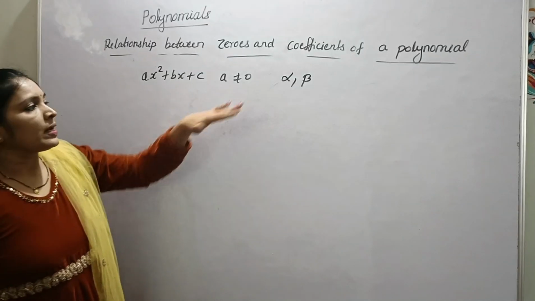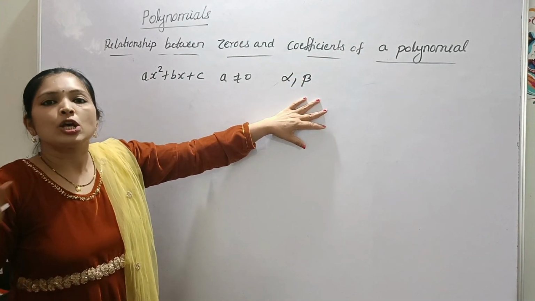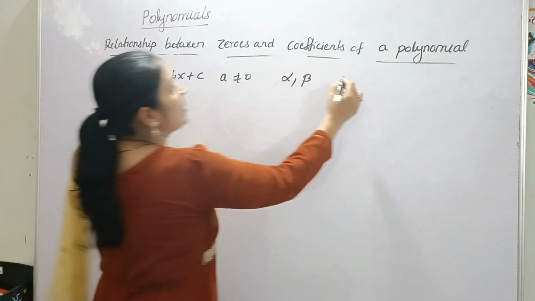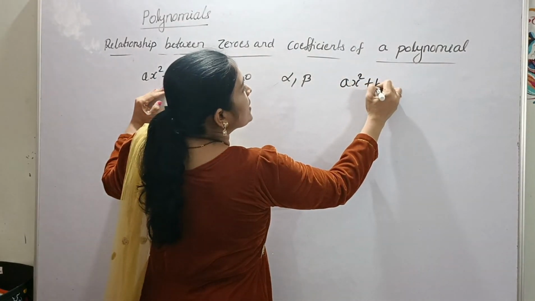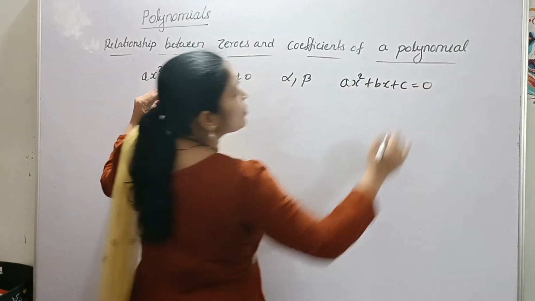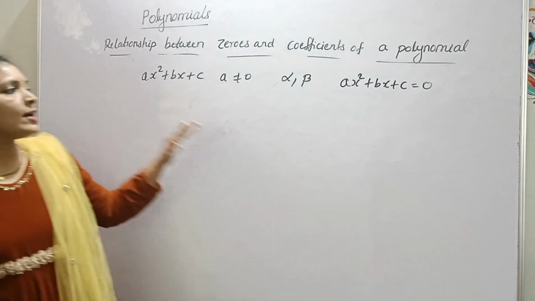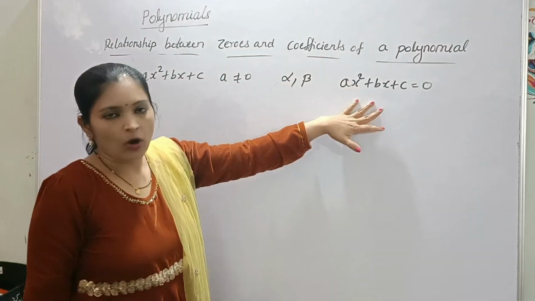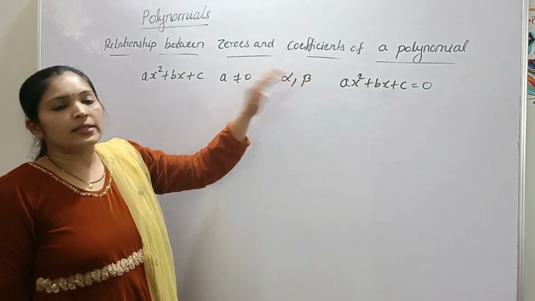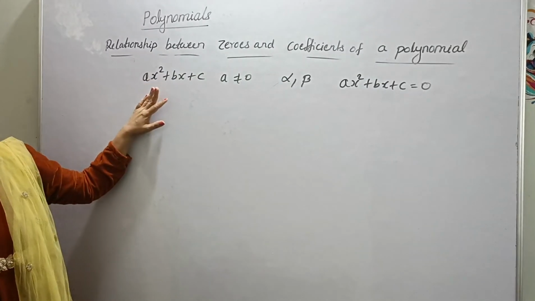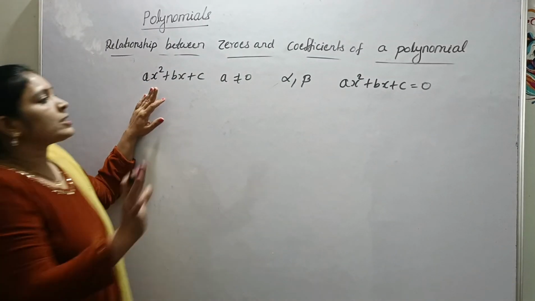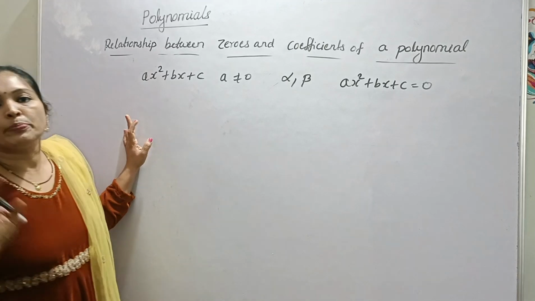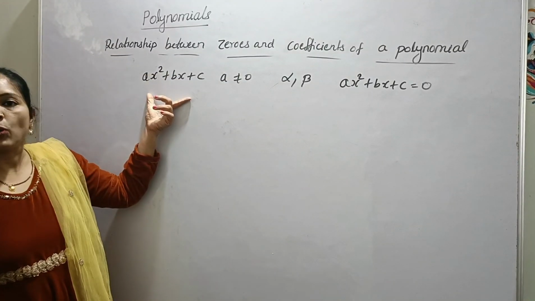That means alpha and beta are the solutions of the equation ax square plus bx plus c is equal to 0. Since these are the solutions of this equation, or alpha and beta are the zeros of this quadratic polynomial, then x minus alpha and x minus beta are the factors of this polynomial.